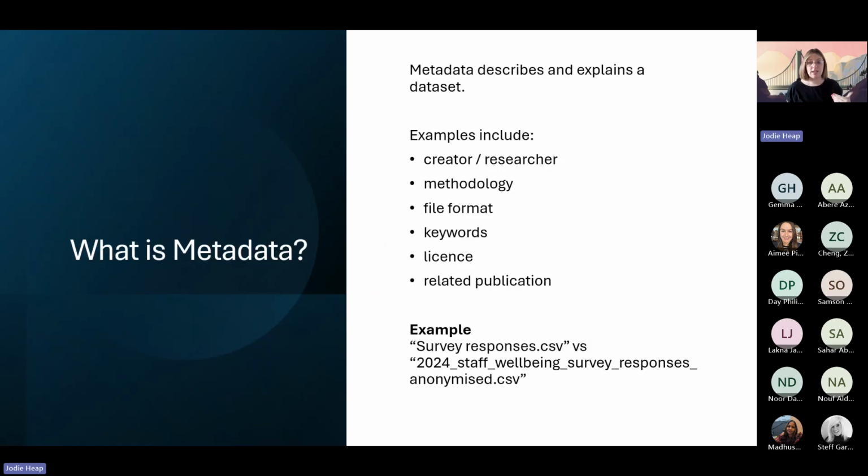So when we come into thinking of metadata in terms of data, we want to know who the creators are, what was the methodology, what file format have we got, is there any keywords that can help to find this product, what license has been applied to it, is there a related publication, maybe an output that I could go look at. And sometimes you'll see that presented in the file format in and of itself again. So coming back to that concept of digital hygiene, of how can I support the reader in finding this file and understanding what the file is.